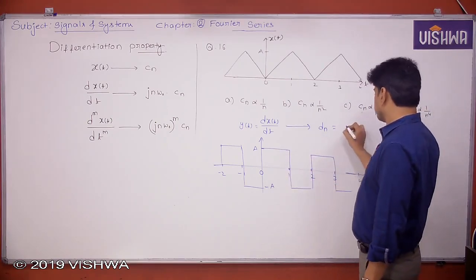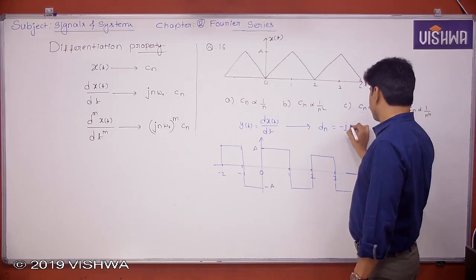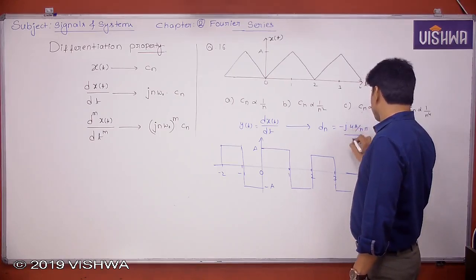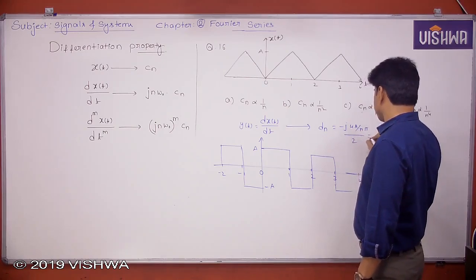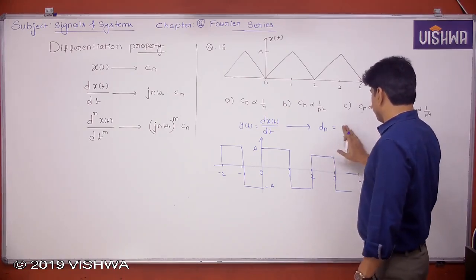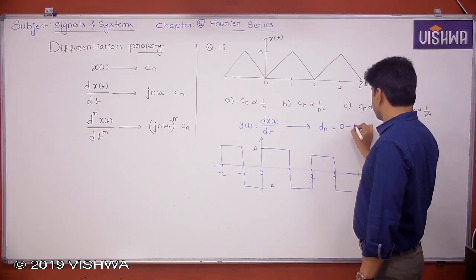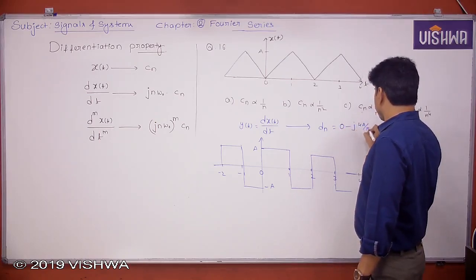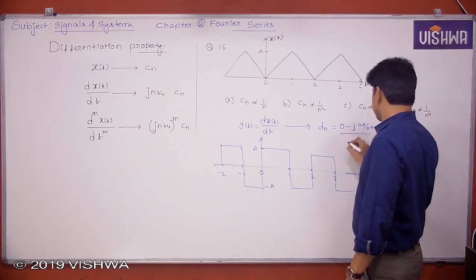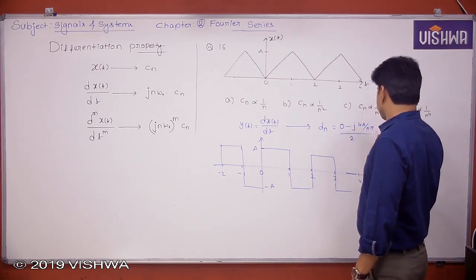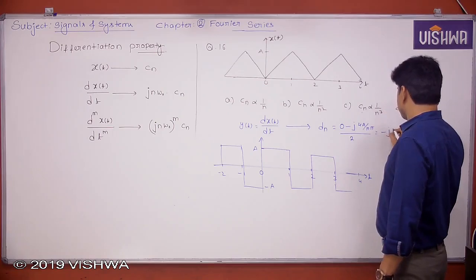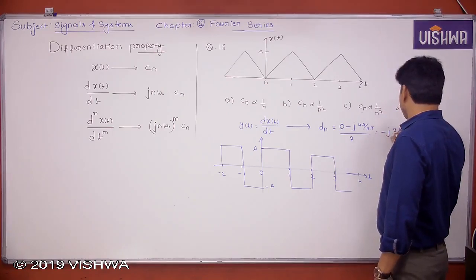So it is minus j 4a by n pi by 2, the 2 gets cancelled finally. I am writing everything here so that you do not get confused. 0 minus j 4a by n pi by 2, so it is going to be minus j 2a by n pi.